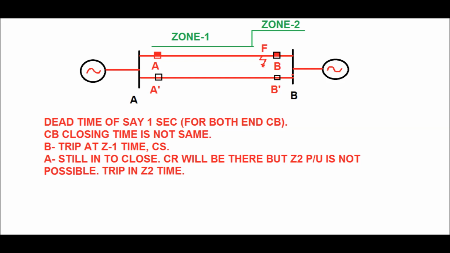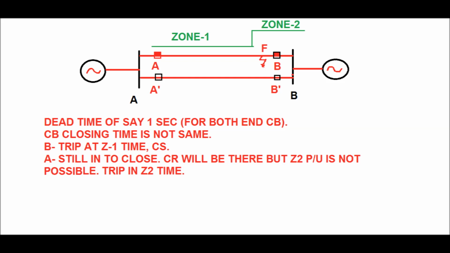Now the fault is still persisting, therefore there will be Zone 1 pickup and carrier sent from the relay at B end. The breaker at substation A is yet to be closed, but at the distance relay at substation A carrier will be received. Since the breaker is yet to be closed, there will be no tripping from substation A end, but substation B end trips.